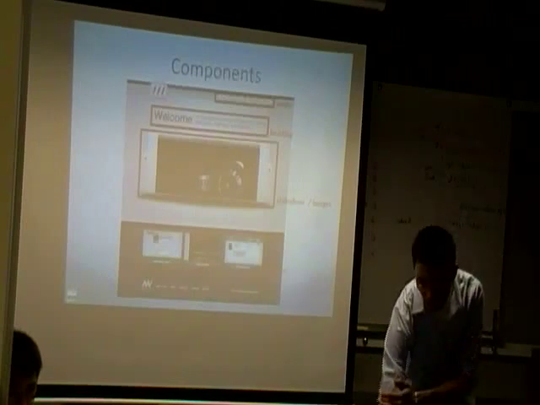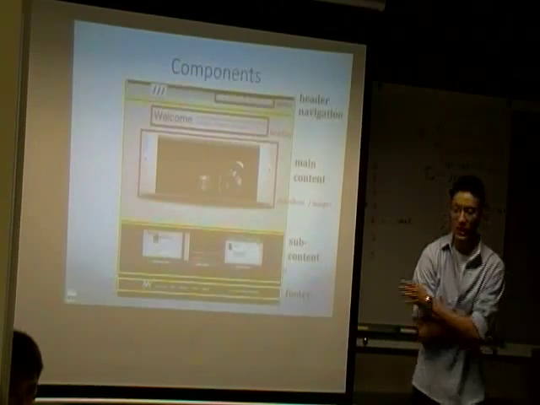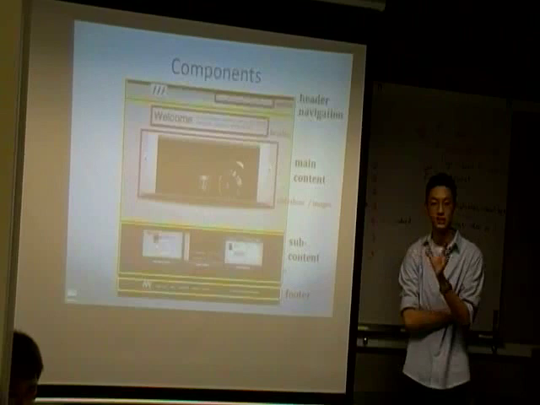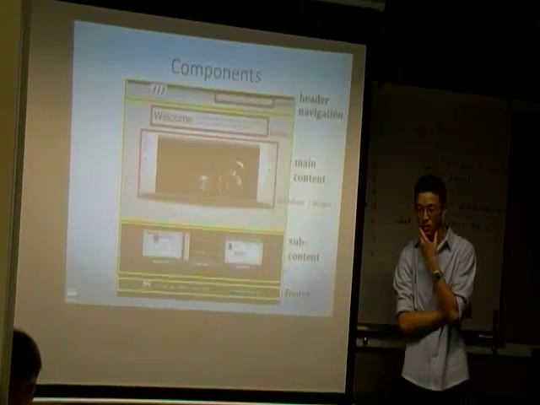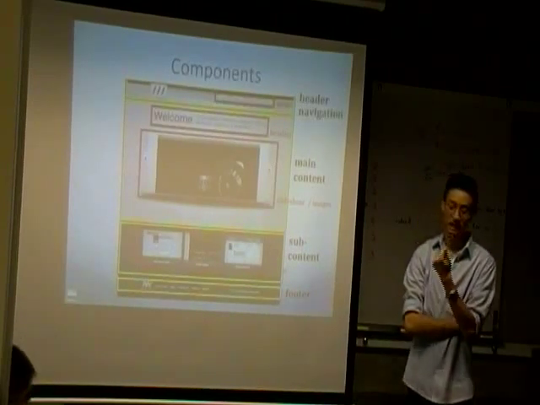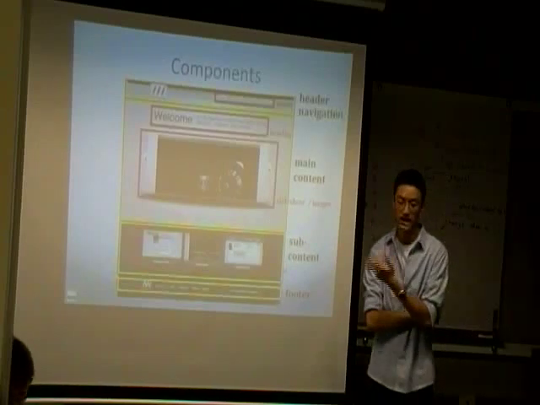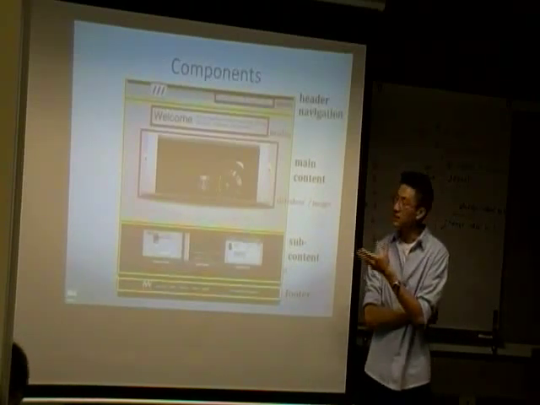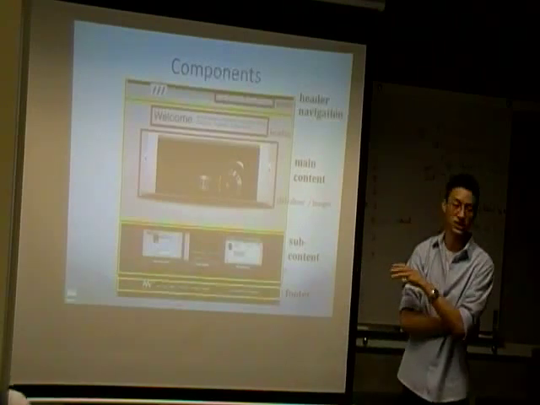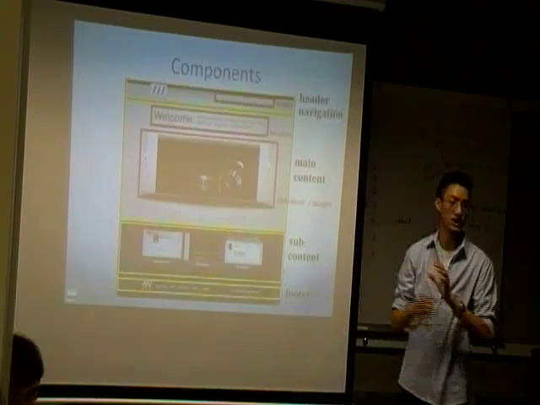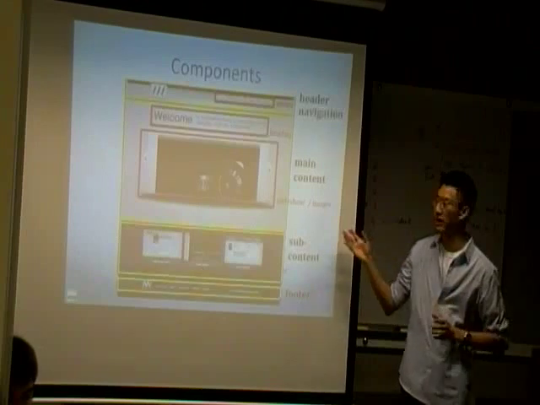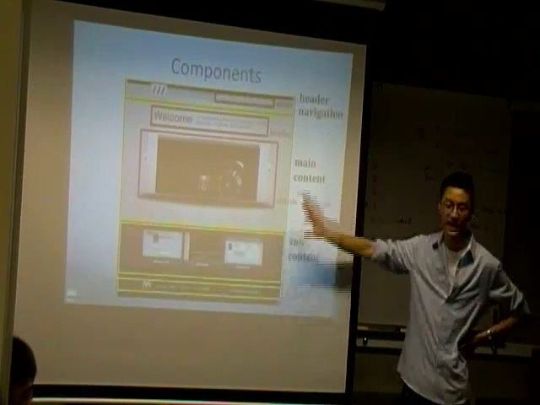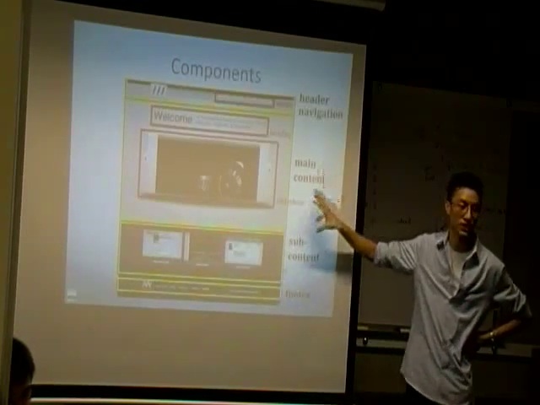But if we step back a little bit and generalize, what we see on most websites that we visit are things like headers, a navigation system, main content, sub-content, and a footer. Most layouts and most websites basically have this. They're just arranged a little bit differently. Facebook looks different than this site here, but it has essentially the same kind of components.